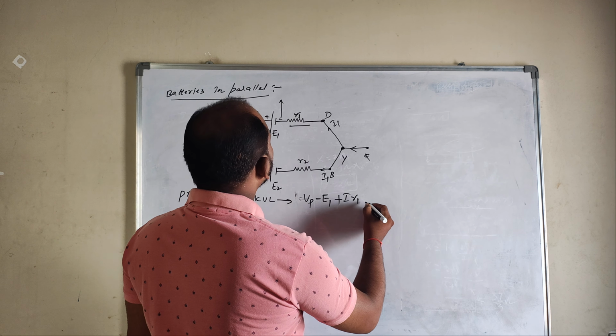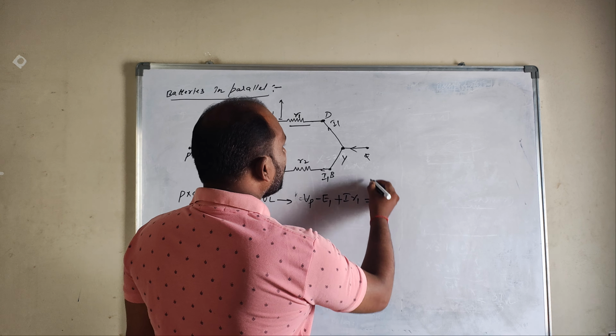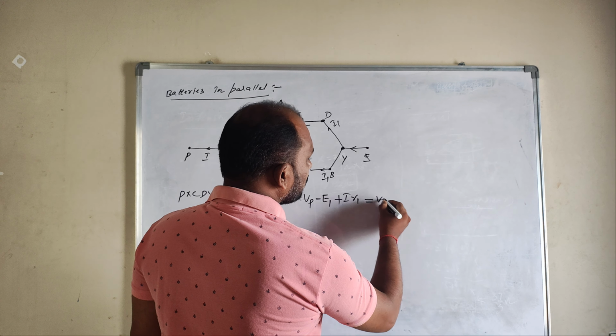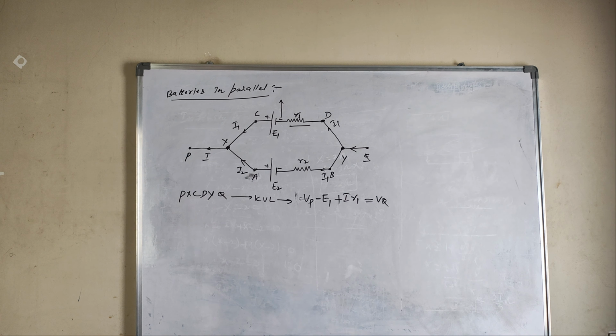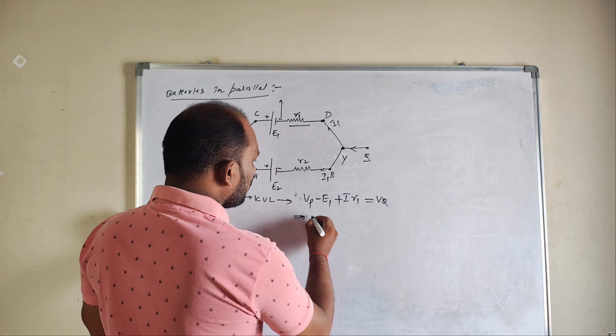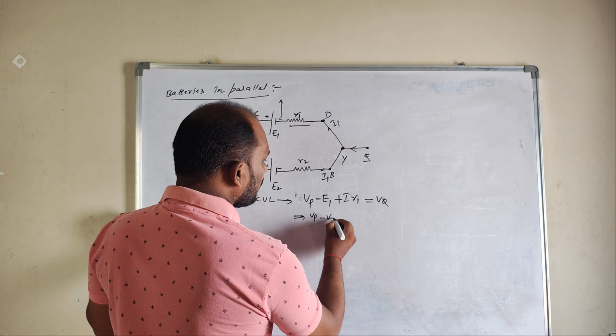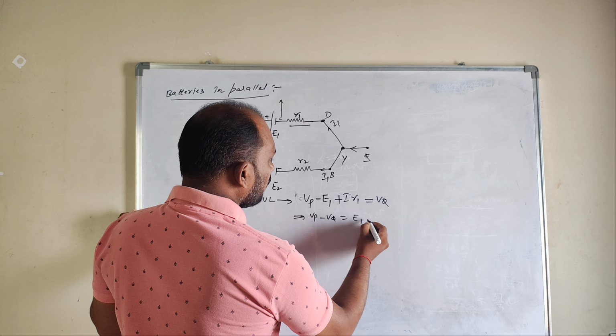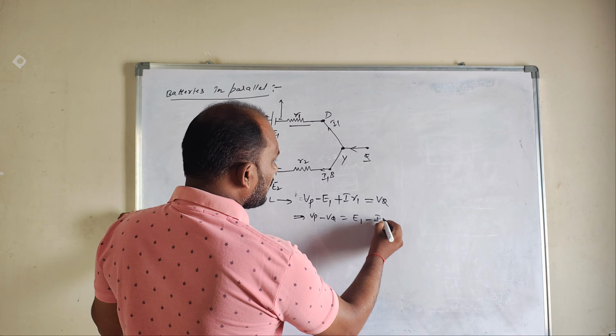is equal to where you start. You give the point where I start. So this comes to this side: Vp minus Vq is equal to E1 minus IR1.